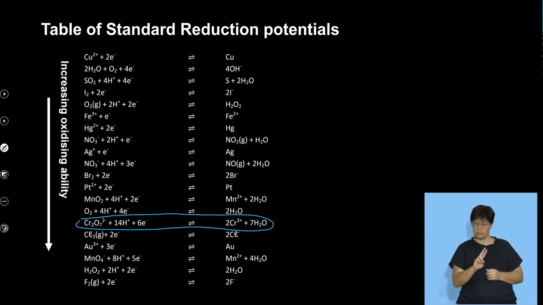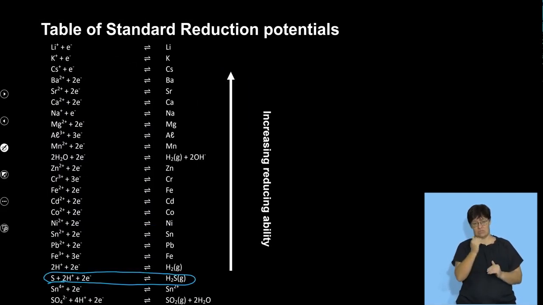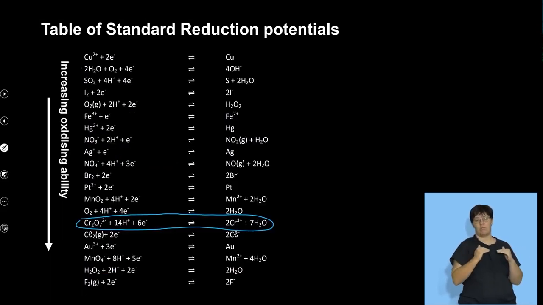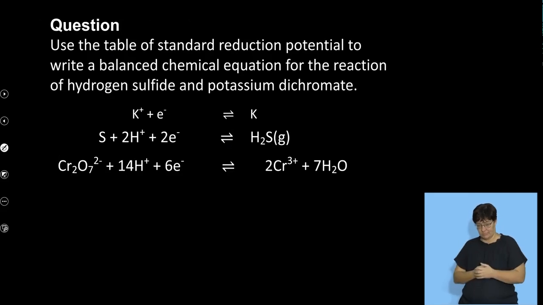So it means this dichromate one actually has to do with the reduction, because as you go down the table, the strength of oxidizing agent increases. While if we go back, as you go up, the strength of reducing agent will actually increase, all right? So at the end, it gives us that. So we want to understand that the hydrogen sulfide is actually our reducing agent as per the table.